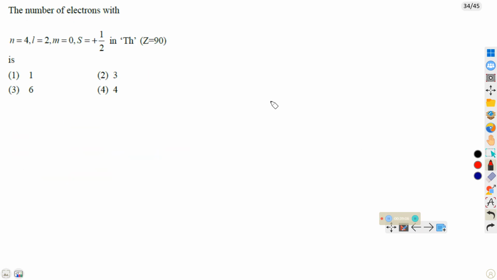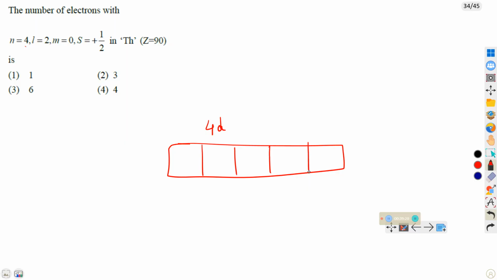The number of electrons with n equals 4, l equals 2 means d. The 4d subshell you can take. 5d orbitals are dxy, dyz, dzx, dx square minus y square and dz square.